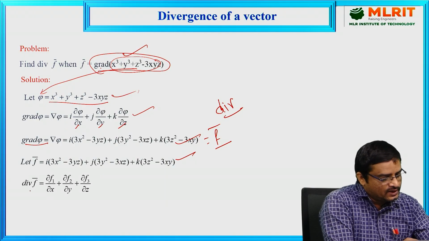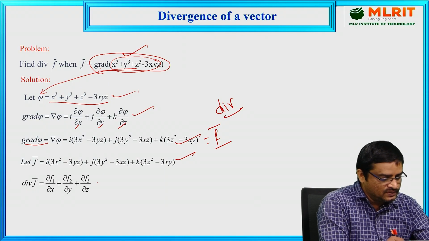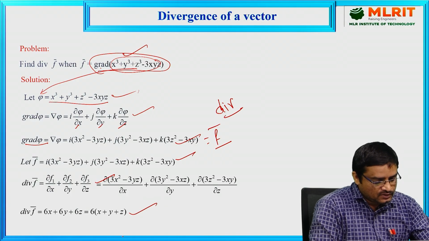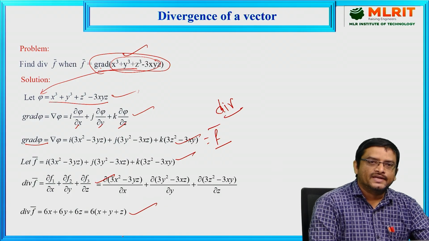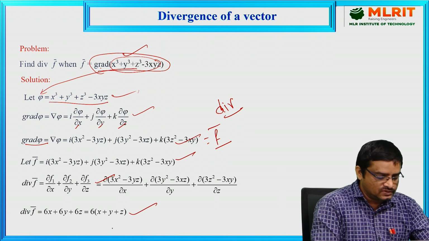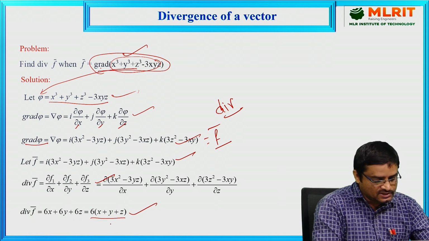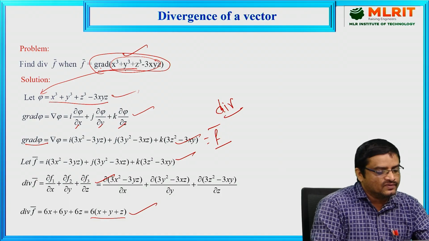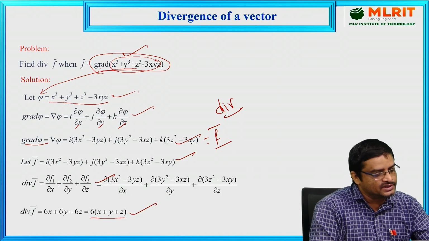Now find the divergence of this by using this formula, and we can get our required value here. So 6x plus 6y plus 6z. After taking 6 outside, we get 6 of x plus y plus z. So this is the way we can find this divergence.